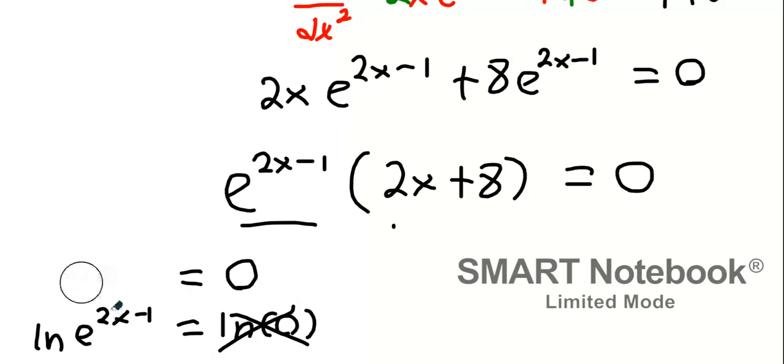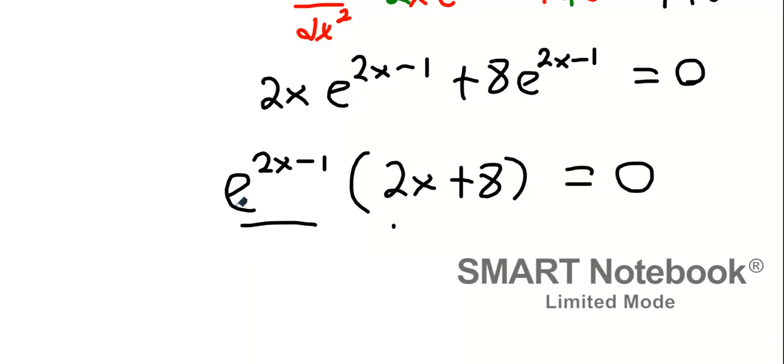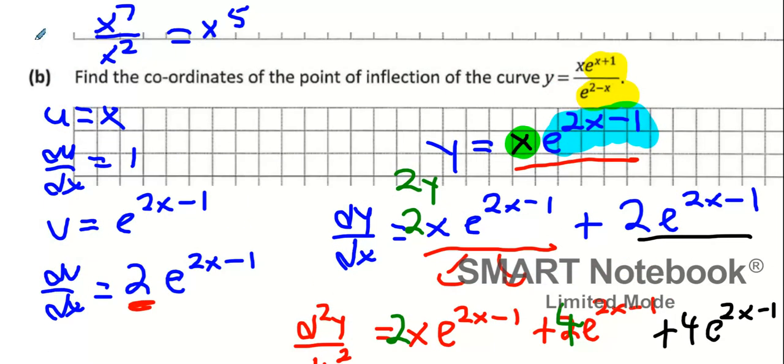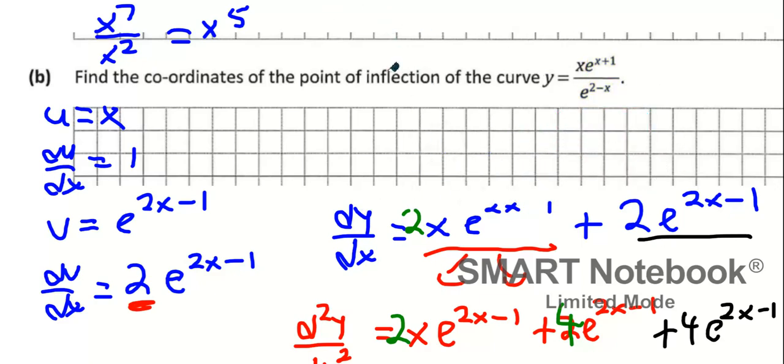What does that bring us to now? That brings us to the 2x plus 8. 2x plus 8 equals 0. Therefore, x must be equal to minus 4. Minus 4 is the first coordinate. Go back up to your original function. It says minus 4, doesn't it?